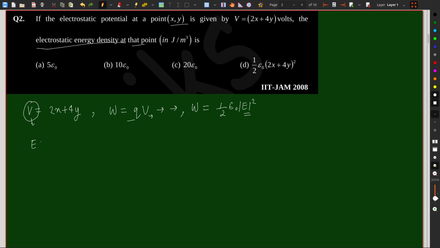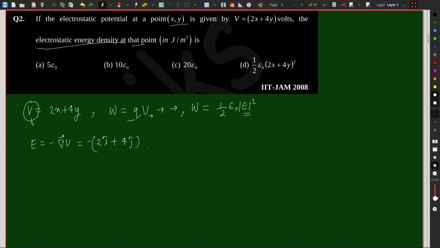As we know, E is minus grad V, and that will become minus (2 i cap plus 4 j cap).